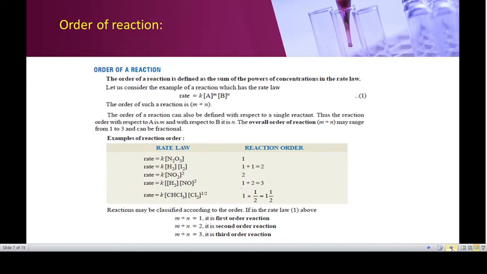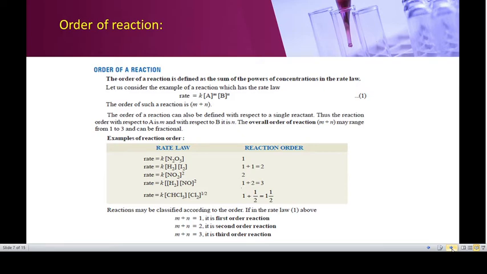Say for example, if there are two reactants A and B reacting to give a product, then the rate law equation gives rate is equal to k into [A] to the power m, that is concentration of A raised to m, and concentration of B raised to n.